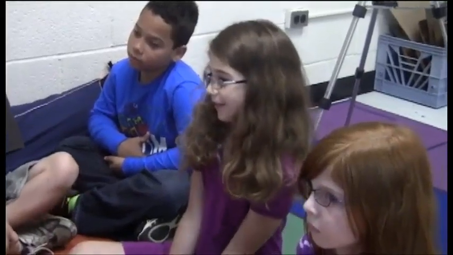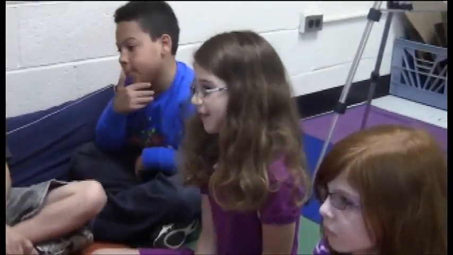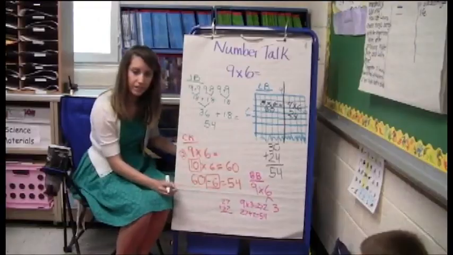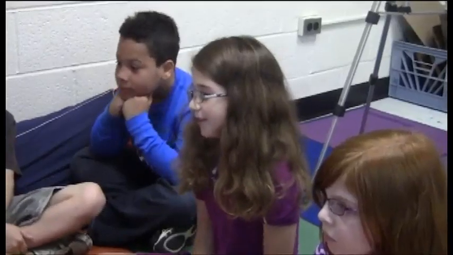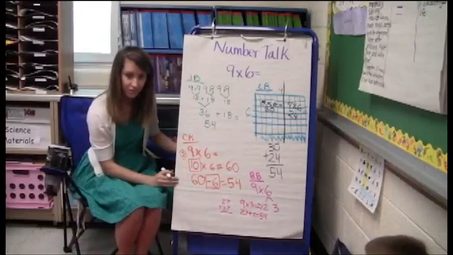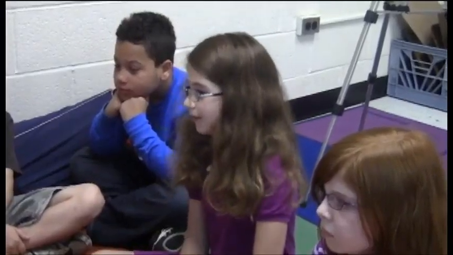Well, I did 27 plus 27. Why did you add 27 together twice? Because when you multiply by 2, it's just doubling that number. Okay. And then 7 plus 7 equals 14.